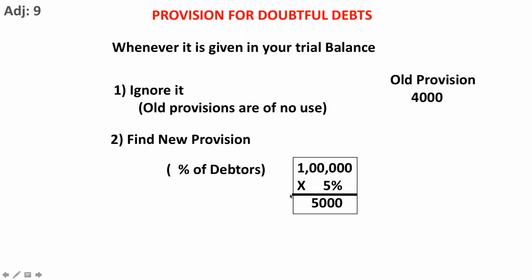Now the last adjustment that we have, that would be our ninth adjustment. It is provision for doubtful debts. What do you mean by provision for doubtful debts?